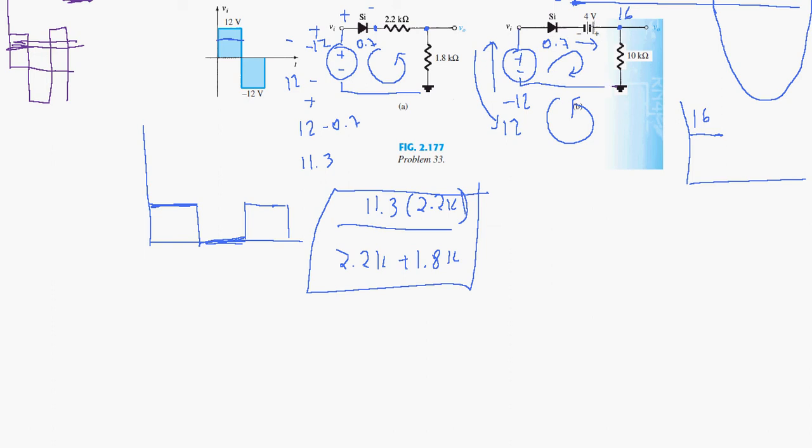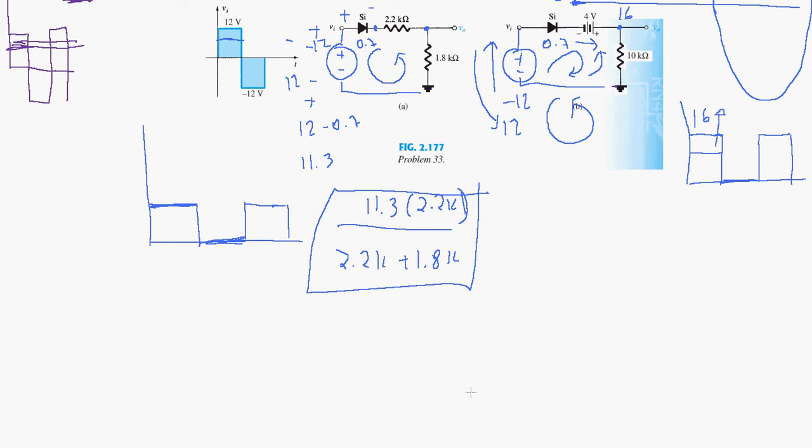So the voltage here is going to be 12 minus 4, which is equal to 8 volts. 8 volts in this direction will reverse bias this silicon diode here, and in that case the voltage is just going to be 0. So this is almost the same as the previous one, but instead of clipping it downwards, we're clipping it upwards. We're adding some voltage here.